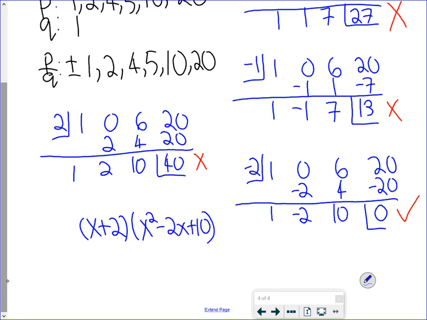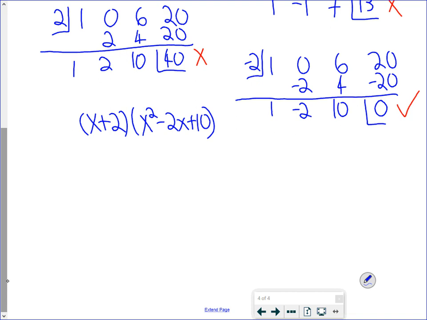Remember, the x plus 2 comes from the -2 that I did my synthetic division with, and the x squared minus 2x plus 10 is the depressed polynomial I get out of the synthetic division. Now I'm trying to think of what two numbers multiply to +10 and add up to -2. Off the top of my head, I can't come up with any two numbers that satisfy those requirements.